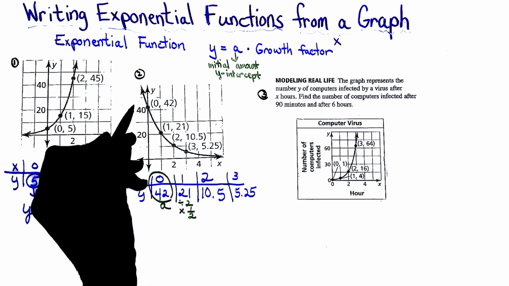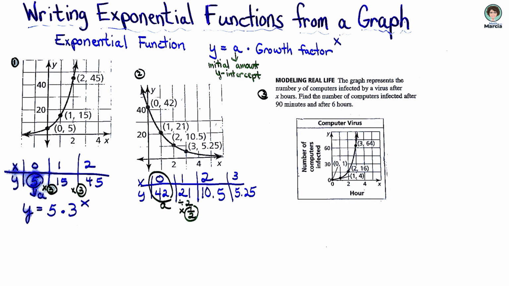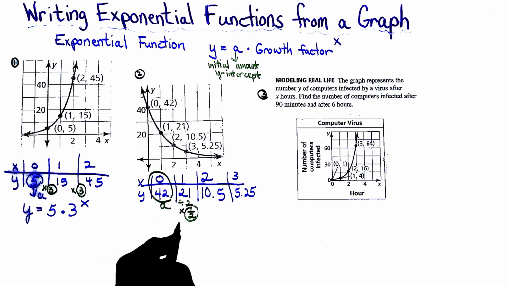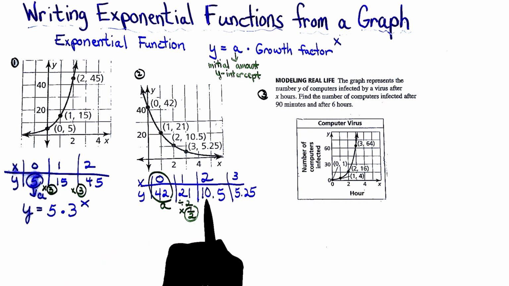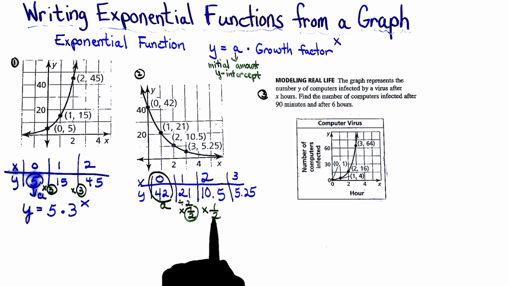And since it is going down, we are going to want to list our growth factor as a number less than 1. So instead of saying divided by 2, I am going to say times 1/2. So 21 times 1/2 is 10.5.